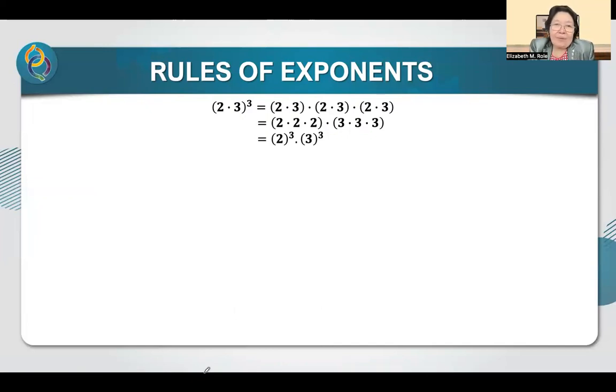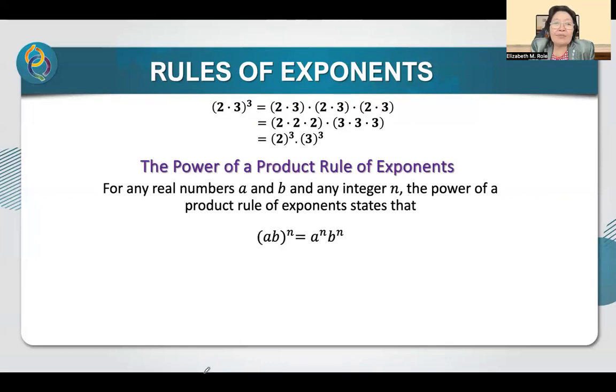And this is now a product raised to a power. Like (2 times 3) cubed is 2 times 3 times 2 times 3 times 2 times 3. According to your associative property, you can put together all the 2's and all the 3's, so that becomes 2 to the 3rd times 3 to the 3rd power, and we call that the power of a product rule of exponents.